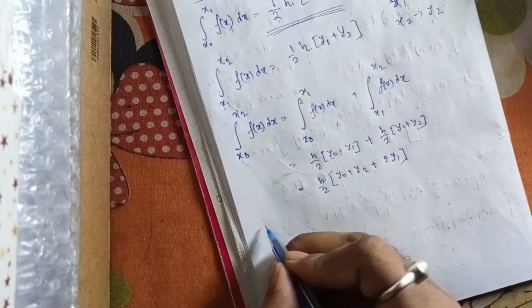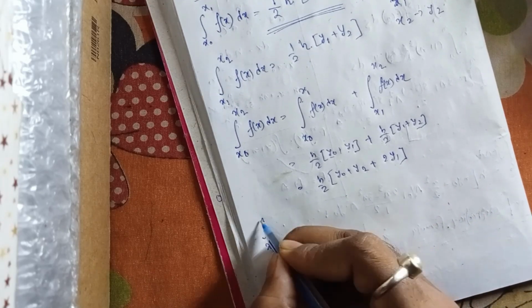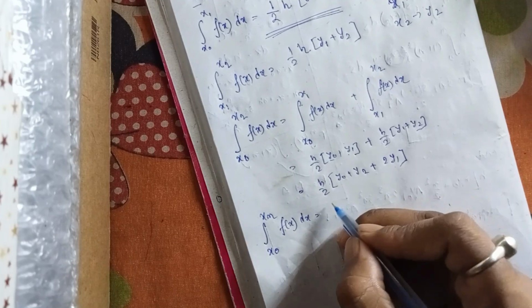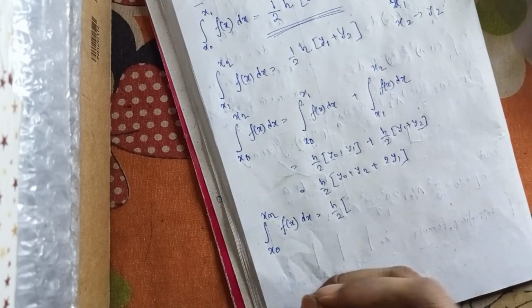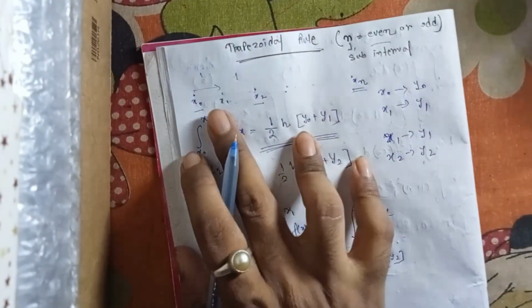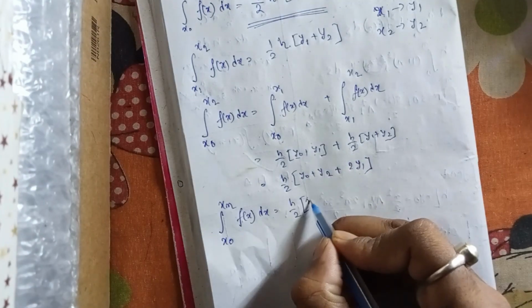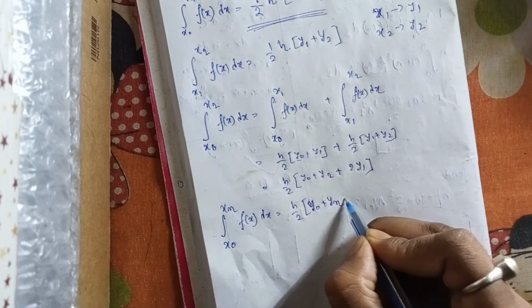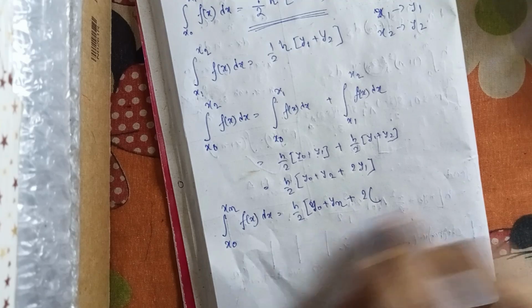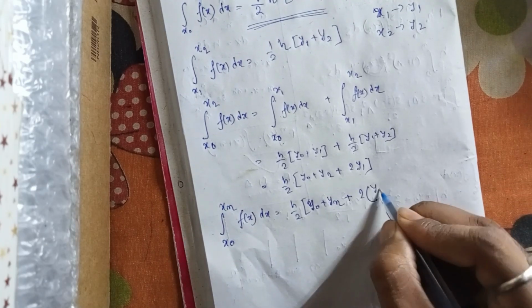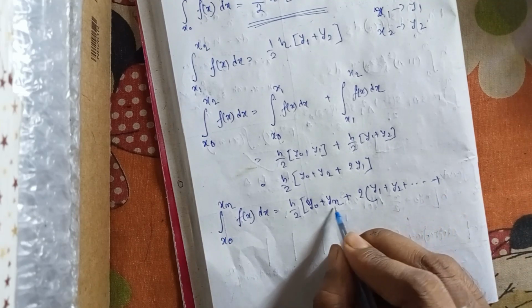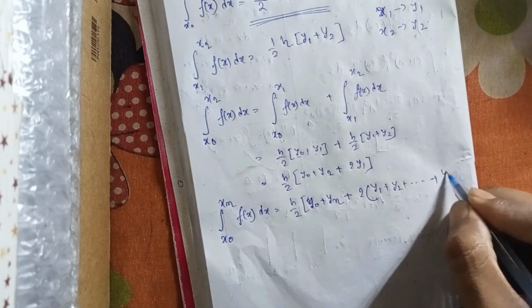So by this way, for generalization, x0 to xn points, we have the formula: the terminal points x0 and xn, just write y0 plus yn, and plus 2 into the other points, means after y0 we have y1, y2 plus dot dot and plus, before the yn, y of n minus 1.